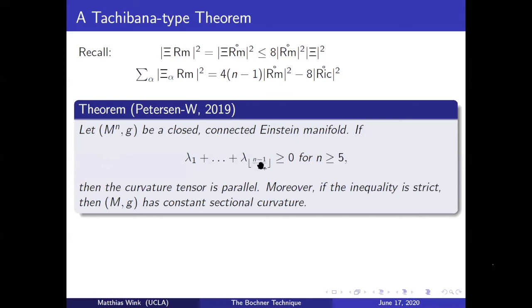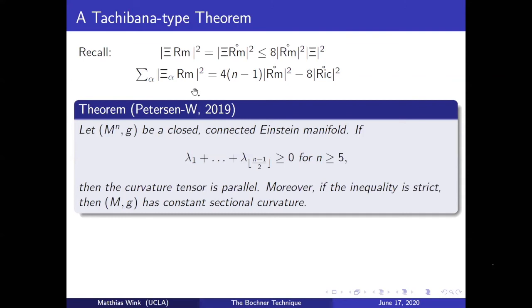And moreover, if the sum over the first (n minus 1) over 2 eigenvalues is positive, then actually we have to have constant sectional curvature, because we've seen those tensors which sit in the kernel of this natural action, not quite an action, but that's a good way of thinking about it, really consist of the curvature tensors with constant sectional curvature. Great. So that's the theorem for Einstein manifolds.